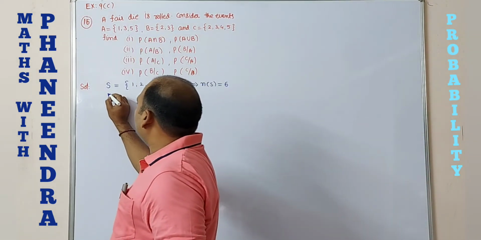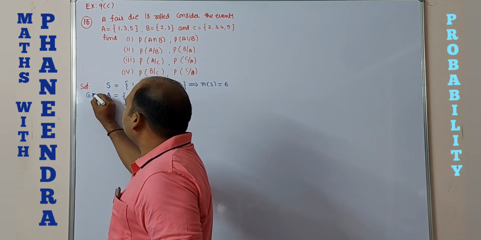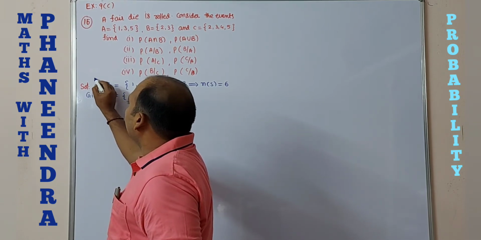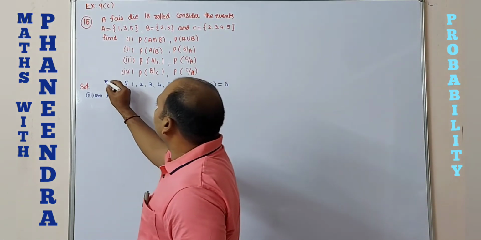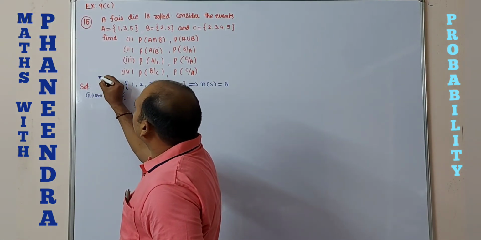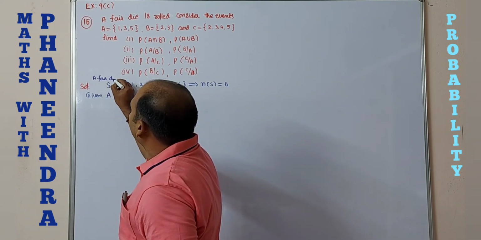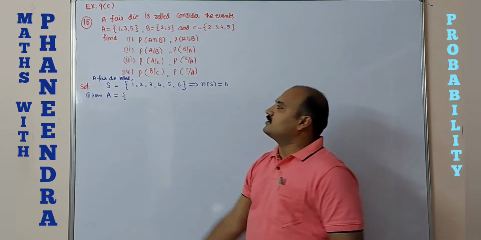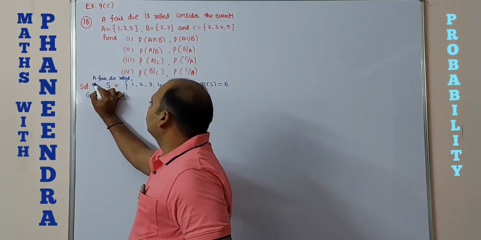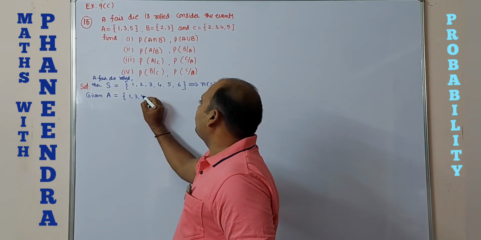So A, B, C are the given events. This is the given information. These are the sample space for rolling a die. A fair die rolled, then S is equal to 1, 2, 3, 4, 5, 6. A is equal to 1, 3, 5.